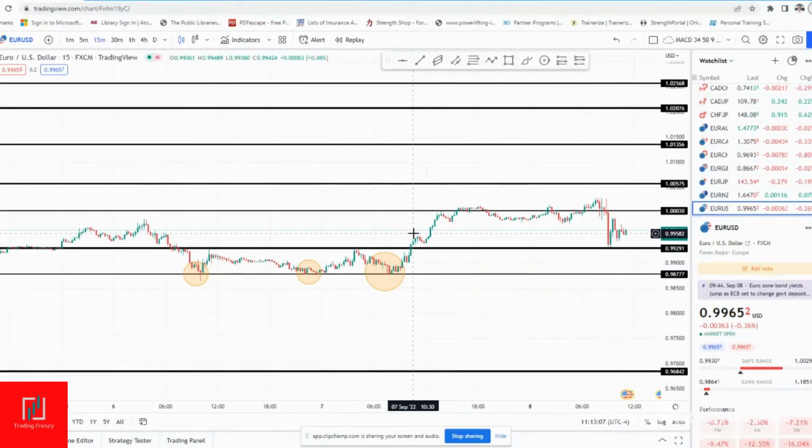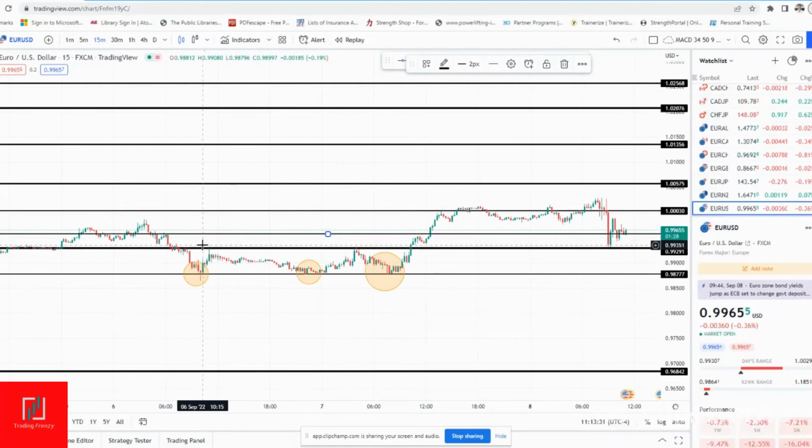Okay. Now, if we're looking, it broke through that resistance. So if we're deciding to place another buy, where in the past would there be the next resistance? And then we would be looking at right here. Okay. So there's nothing here until we get to here.